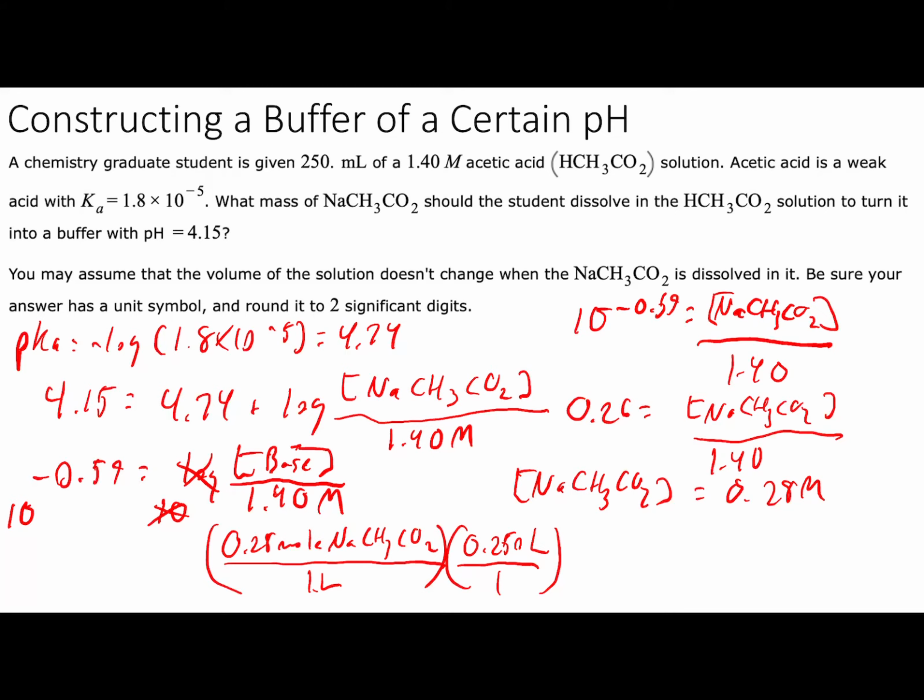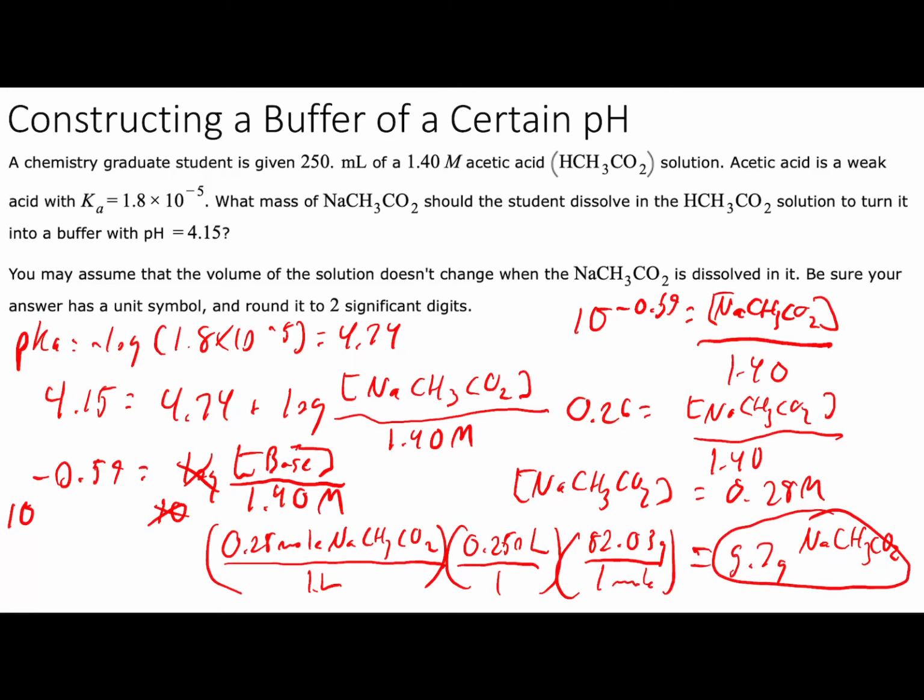We'll get liters to cancel, times the molar mass of sodium acetate, which is 82.03 grams per 1 mole, calculated from the periodic table. That tells us that we need to add 5.7 grams of NaCH3CO2 to this 250 milliliter buffer solution in order for the buffer to have a pH of 4.15.